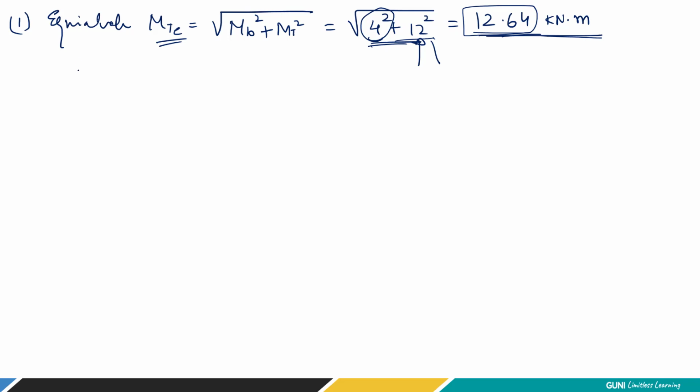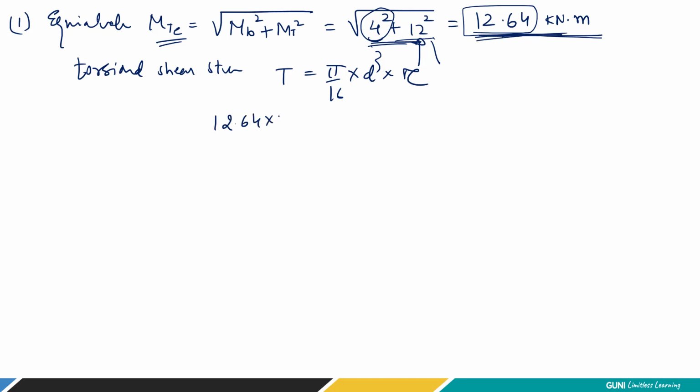So we are going to use the torsional shear theory. From the torsional shear stress theory, for the shaft diameter, T is equal to pi by 16 d cubed into tau. Here the equivalent torque is 12.64 kilonewton meter, so 12.64 into 10 raised to 3, and again meter, we convert to 10 raised to 3 into 10 raised to 3, so 10 raised to 6.